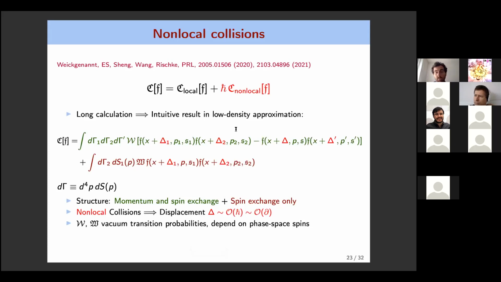So in the case of the usual Boltzmann equation, the usual collision term, this delta is usually neglected. That's the point. But here we can derive this form by a long calculation. And so that's the form, and that's again the non-localities in this delta.